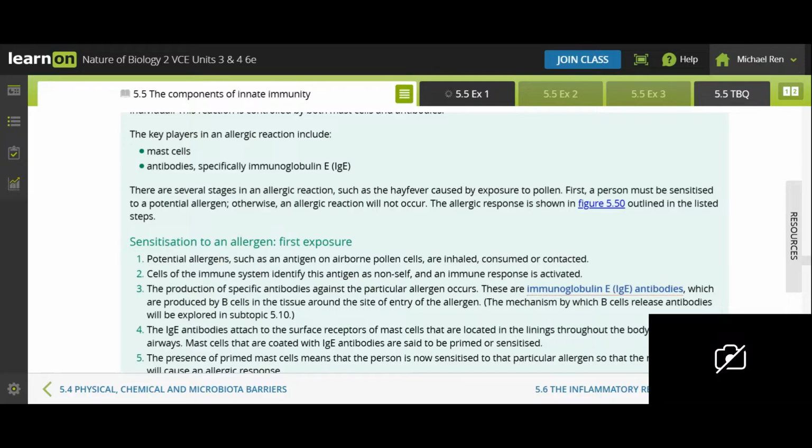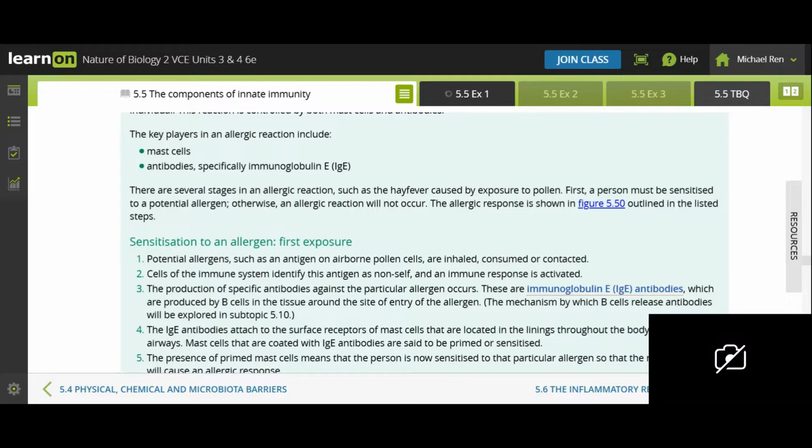For antigen, you can just say the antibodies produced by plasma cells against the antigen bind to the mast cell's receptors, and these are always IgE antibodies. Don't ask me why, because I don't know. So yeah, basically mast cells become literal landmines for the antigen.